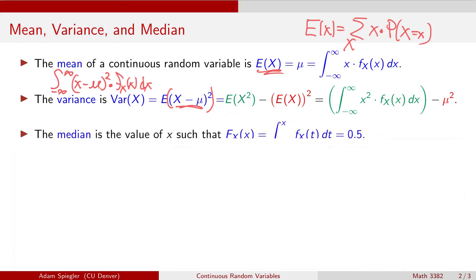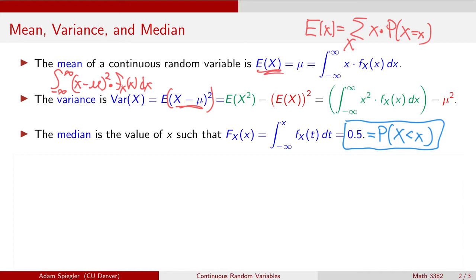And another descriptive way of describing the data is with what is called the median value. So the median value is a value of x such that when we integrate from the minimum value of this random variable up to that value of x, we should get 1/2. And this 1/2 corresponds to the probability that random variable X, sorry, that this is a capital X, is less than this particular value of x.